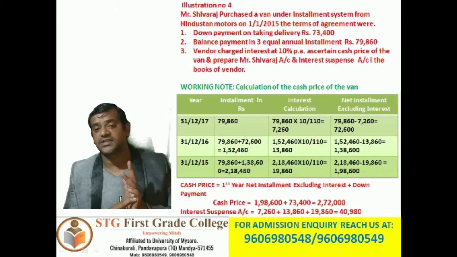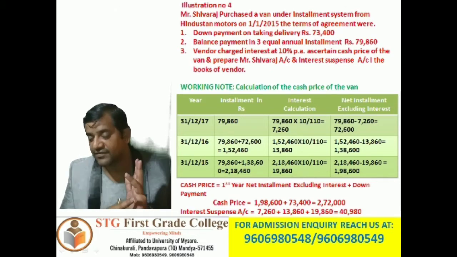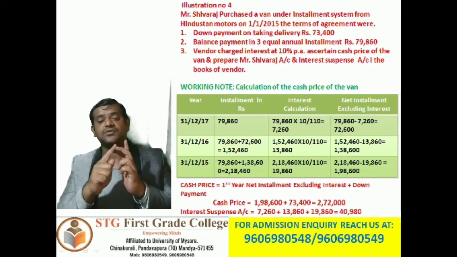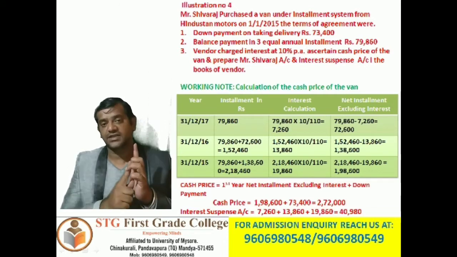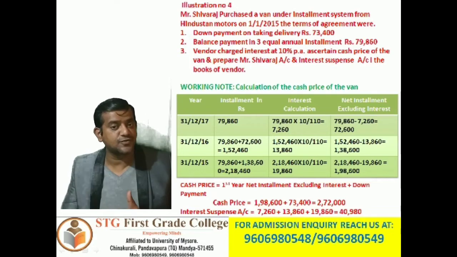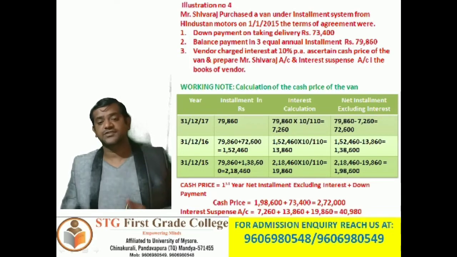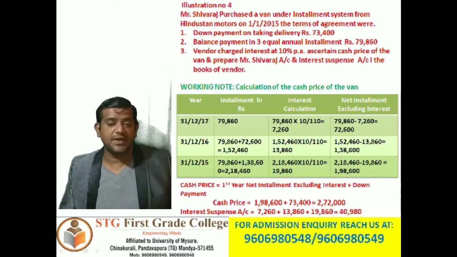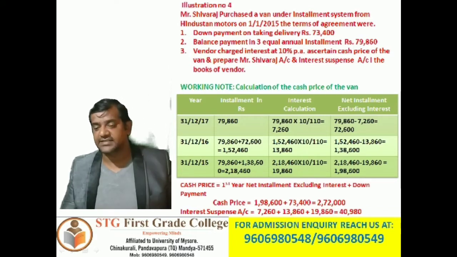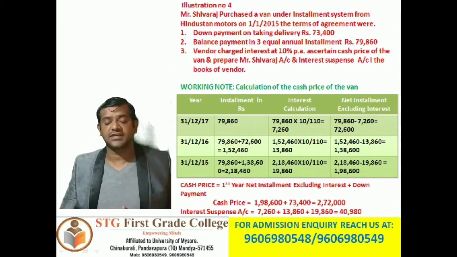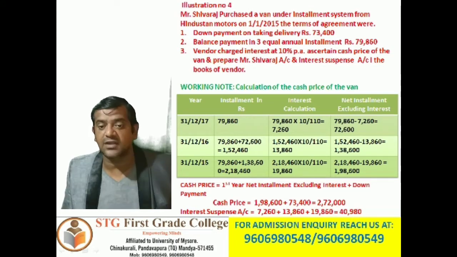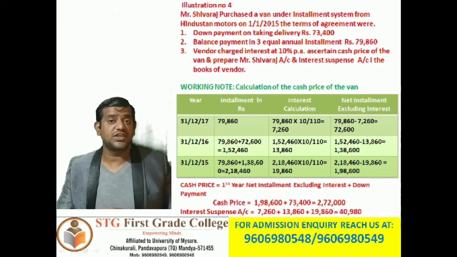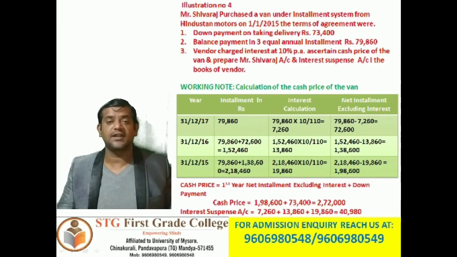That is why I am considering 2017. On 31/12/2017, installment in rupees 79,860. Interest calculation: 79,860 into 10 divided by 110.